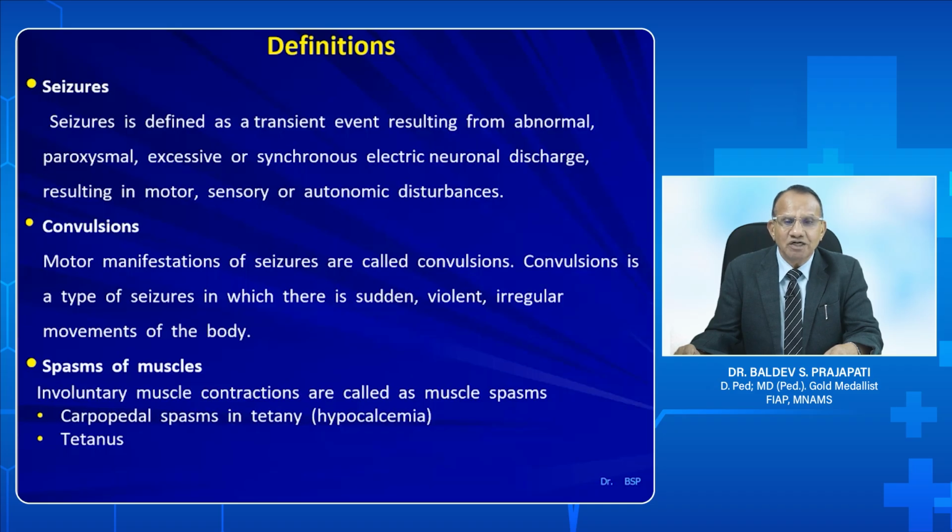Here there are involuntary muscle contractions and therefore muscle spasms are evident. For example, carpopedal spasms in a case of tetany, in hypocalcemia or even tetanus, here there is a spasm or involuntary contraction of the muscle. Here the child is totally conscious. So, that is the difference between seizures, convulsions and spasms.